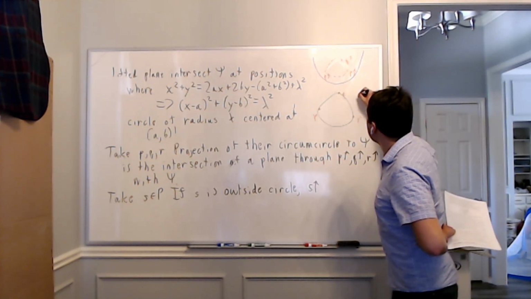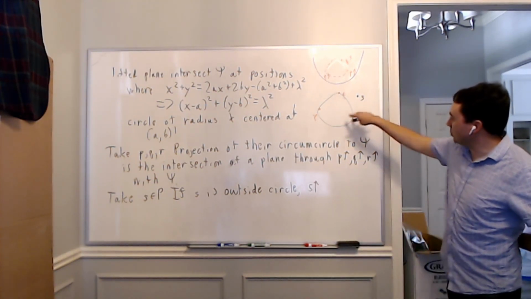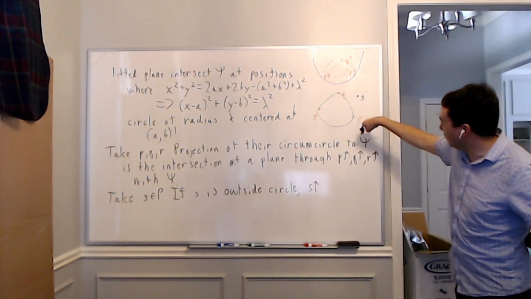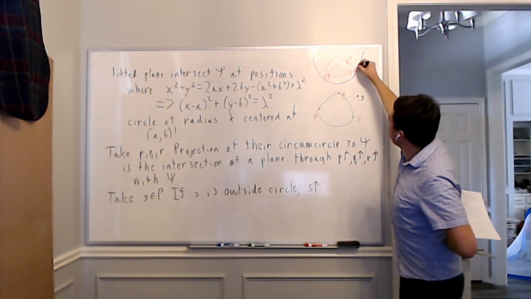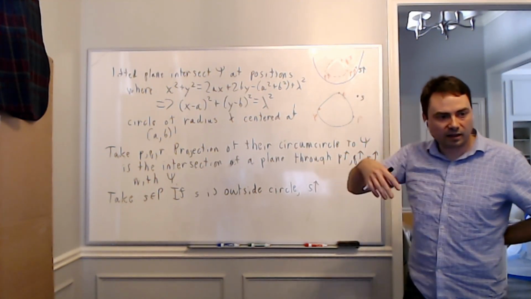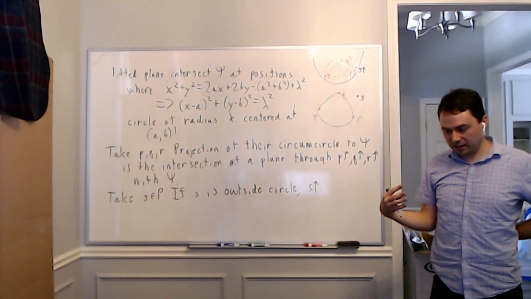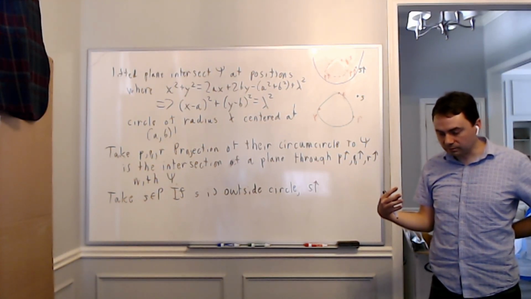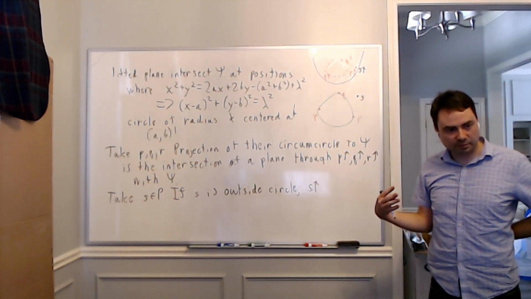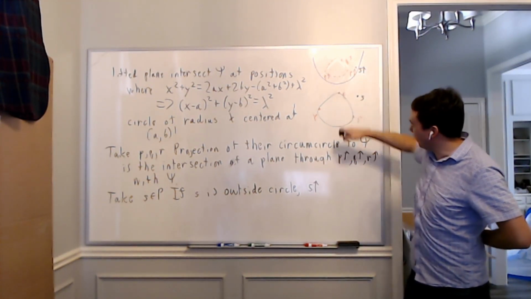And now if I have a point S that lies outside the circle through P, Q, and R, that means S has to lie elsewhere on the paraboloid. In particular, it has to lie above the plane passing through P up, Q up, and R up.